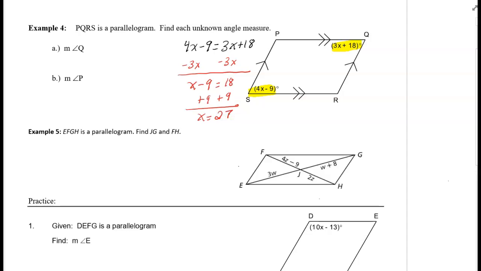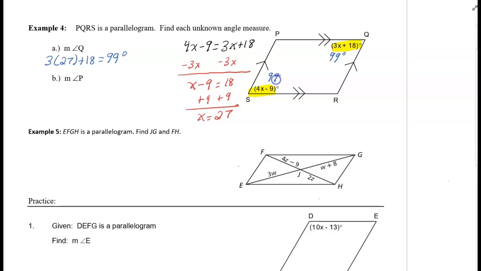At this point, we need to plug in the value of x to find the missing angle. So to find angle Q, we're going to plug 27 in for x. So angle Q is 3 times 27 plus 18. And when you do that on your calculator, you get 99 degrees. So angle Q is 99.